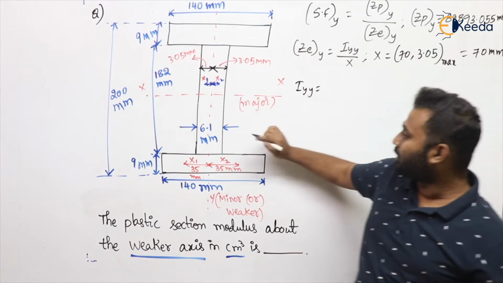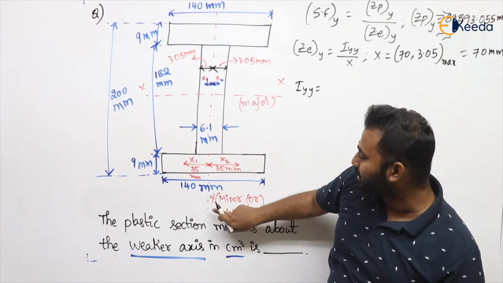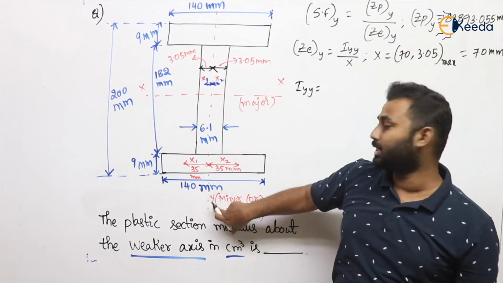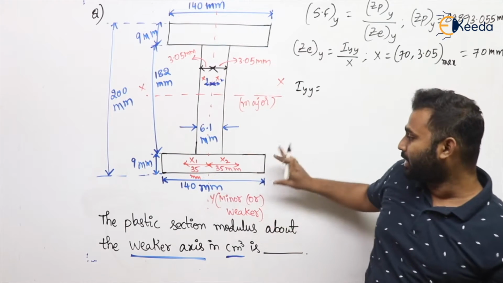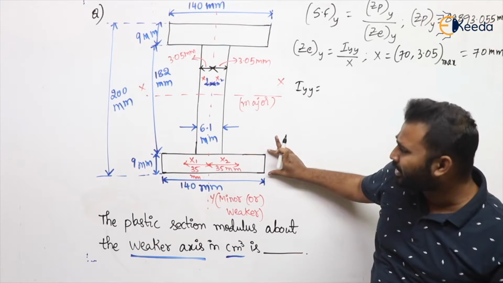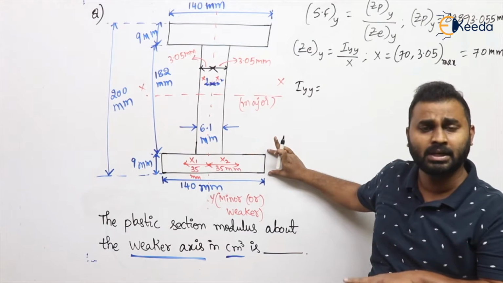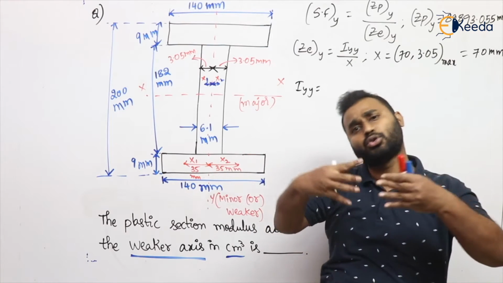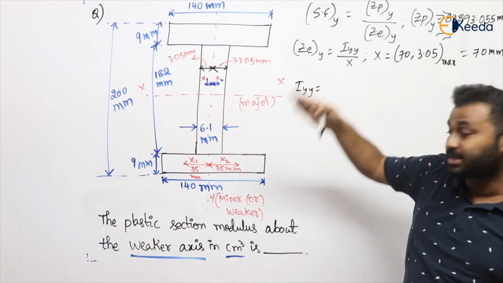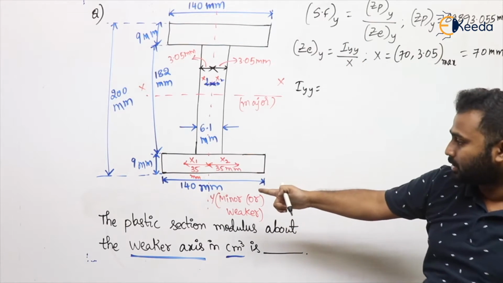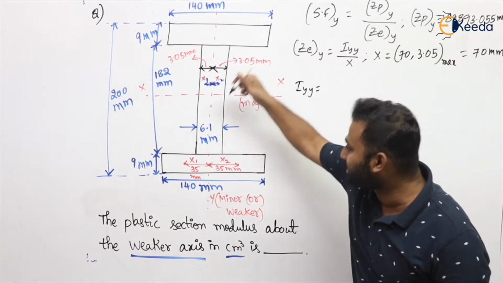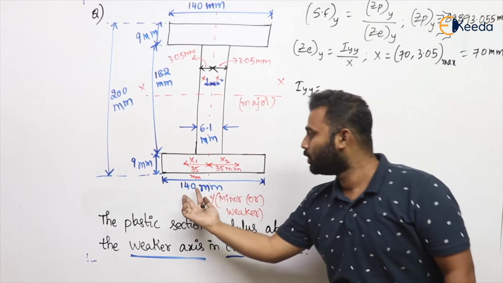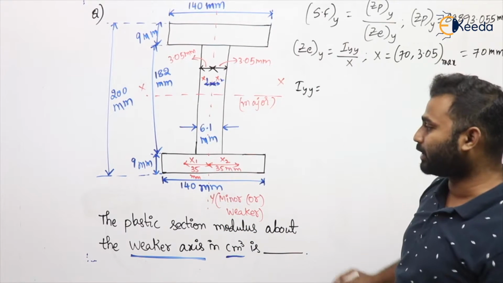Now we are calculating the moment of inertia about Y. Here there are two horizontal rectangles and one vertical rectangle. First let us find the moment of inertia for the horizontal rectangles and then for the vertical rectangle. Summing up those two will give the moment of inertia of the whole I section about Y. For the horizontal rectangle, we want the moment of inertia about this axis, which is perpendicular to the 140 dimension.